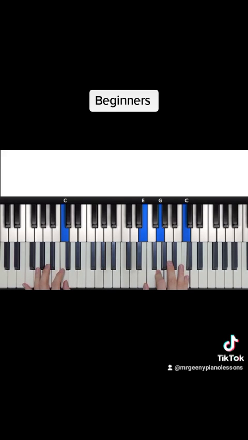We can also follow the same process to get a new position. We can put this E up on the top. So we now have 3 different ways of playing the exact same chord, and this can make our chord progressions much more interesting later on.